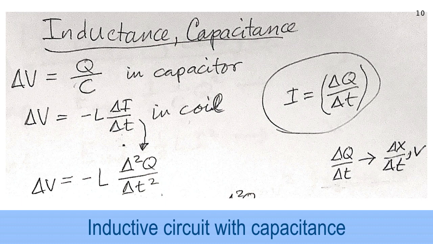For those of you that have had calculus class, raise your hand if you've had calculus class. You notice anything? Derivatives. What kind of a derivative is this? Second derivative. Yeah, because it's the second time you do a delta T of it.